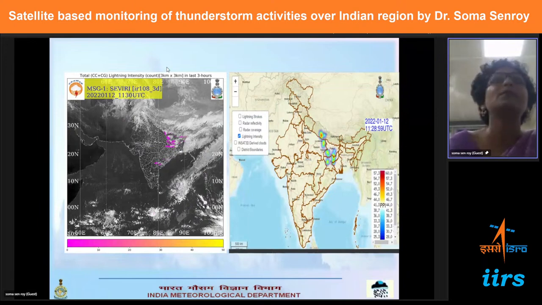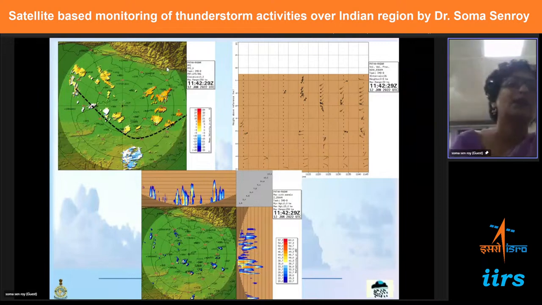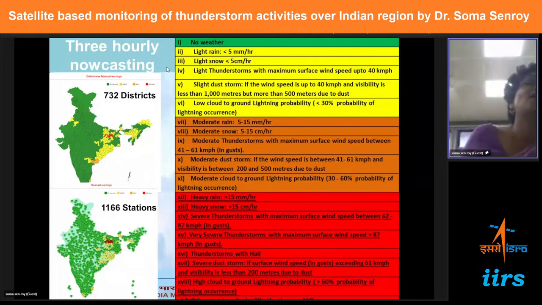So if you have to give any operational forecasts, satellite data forms an important backbone of what we use for forecasting. Definitely, at the end of the day, radar is the best tool for thunderstorm forecasting. Where the areas of convergence are, where the cells will develop, all this will come from the radar data. Based on this, we are giving round the clock 3-hourly nowcasts for thunderstorms.